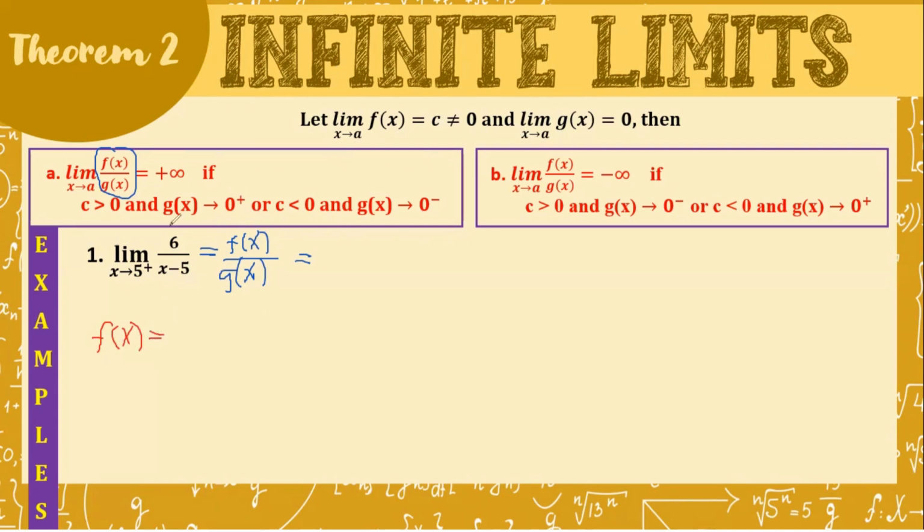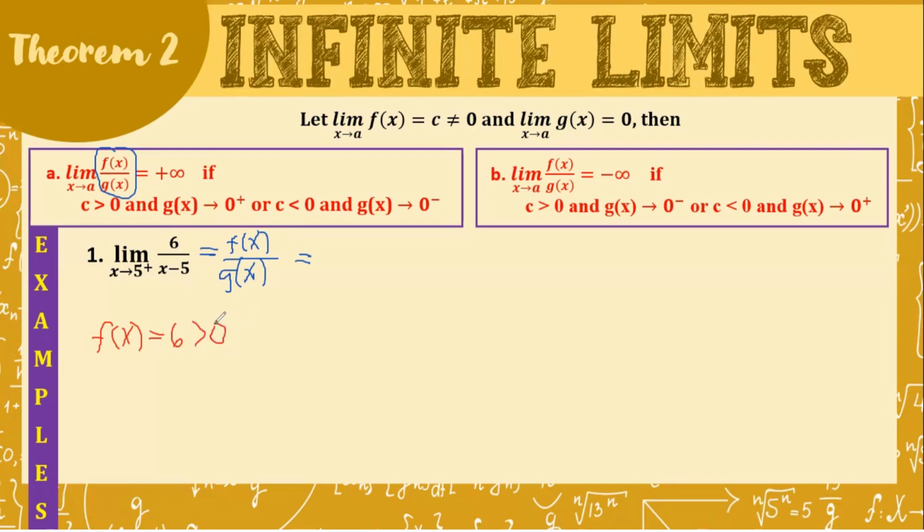For your f of x, what is the value of f of x? The value of our f of x here is, very good, 6. So let's put 6. Now, is 6 less than or greater than 0? 6 is greater than 0.